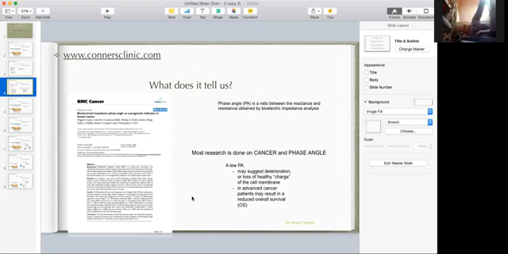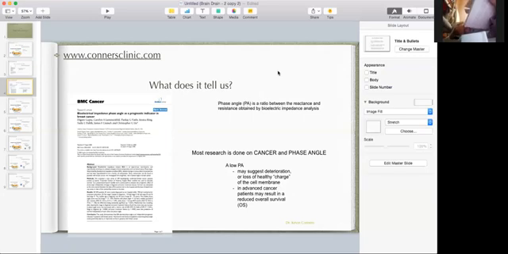So if a person comes in and their phase angle is 6.0 and they're undergoing chemotherapy, and chemotherapy is probably one of the most toxic things that damage your phase angle. What are you damaging? You're damaging the cell health, the cell membrane health. So if you are doing chemotherapy, then you can definitely damage the cell membrane and you can drop the phase angle.